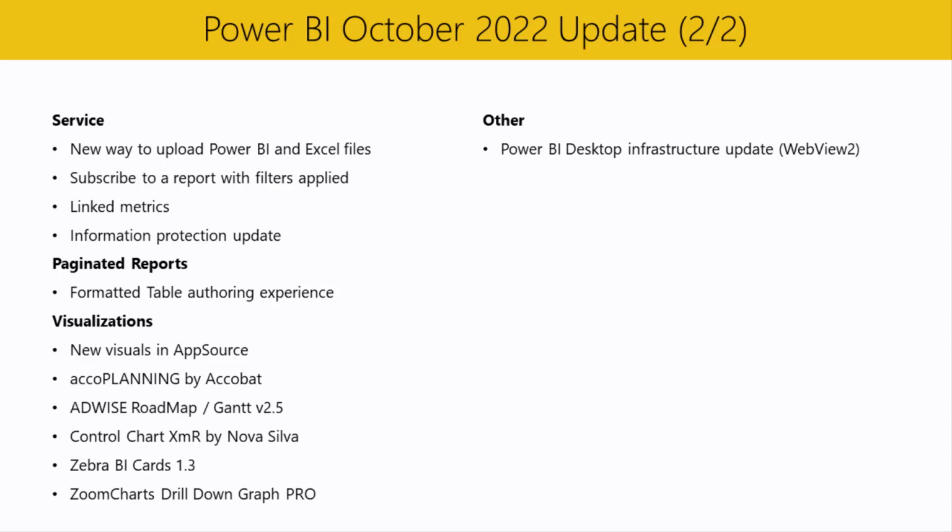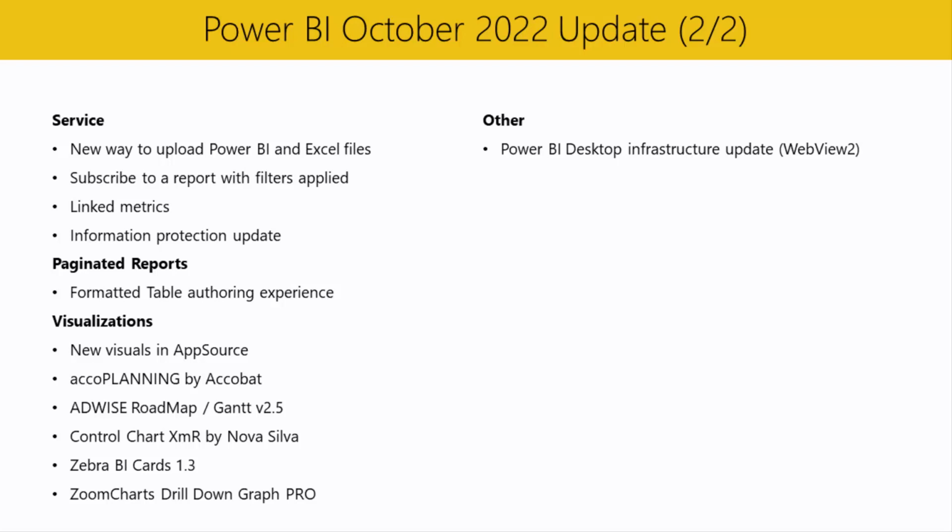Next, we have a variety of new and updated visuals for you in the visualization section. New visuals for you this month are the track plan timeline and roadmaps visual, the Supermetrics charts visual, the CP radar chart, the Sankey diagram for Power BI by Chart Expo, and the Gantt chart by Lingaro.